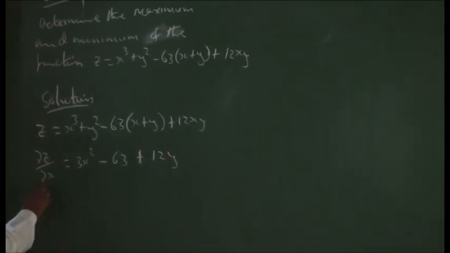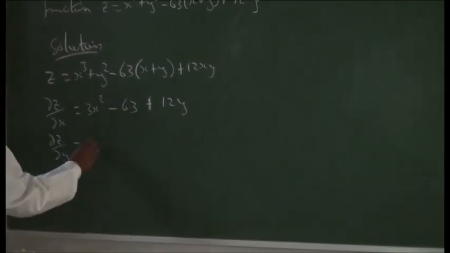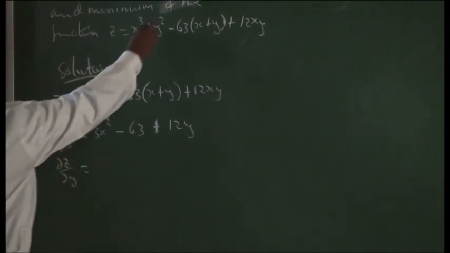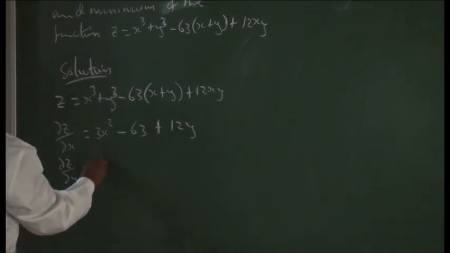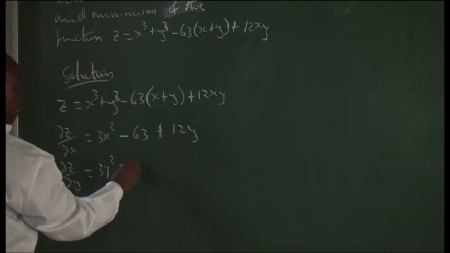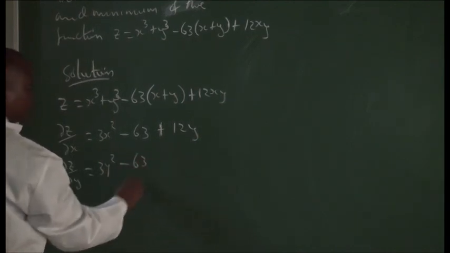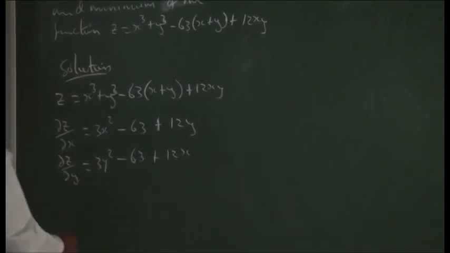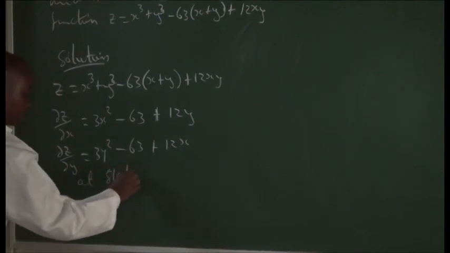Partial z partial y will give me 3y squared minus 63 plus 12x.